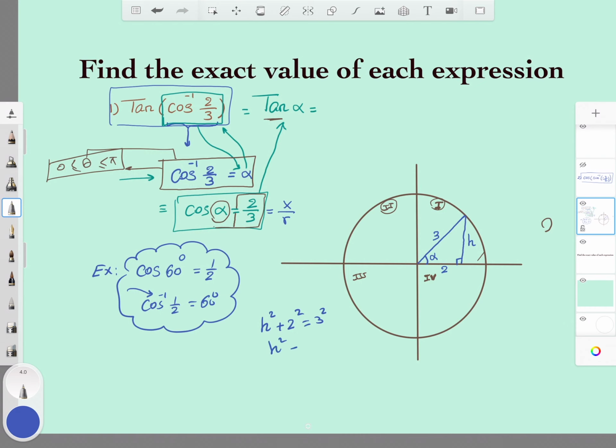H squared equals 9 minus 4 equals 5. Then h equals radical 5, the positive radical 5. So now we are looking for tangent of alpha. Tangent of alpha is y over x, so it will be root 5 over 2. And we're done.